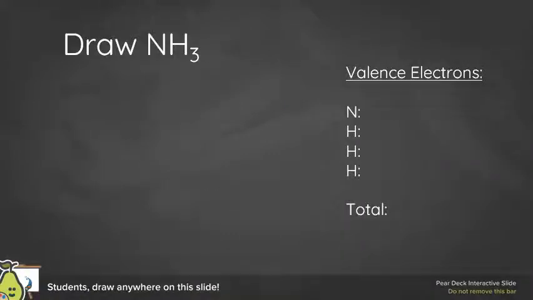So now we're going to draw ammonia, which is nitrogen bonded with 3 hydrogens. Nitrogen has 5 valence electrons, and hydrogen each has 1 for a total of 8. So we draw the molecule. We're going to put nitrogen in the center, and I'm going to put hydrogen on each side, around it. Then we have to draw our valence electrons.